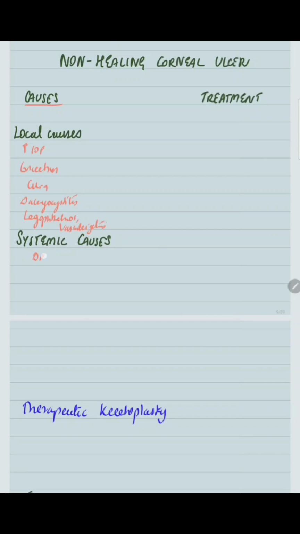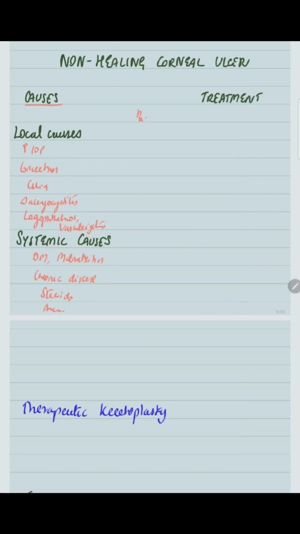Systemic causes can be diabetes mellitus, malnutrition, chronic disease, systemic steroids, and severe anemia, which can lead to a non-healing corneal ulcer.